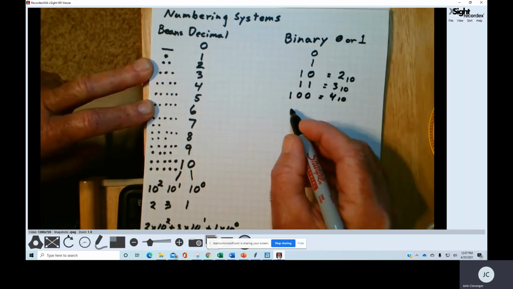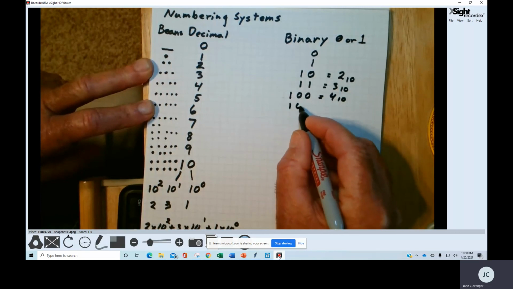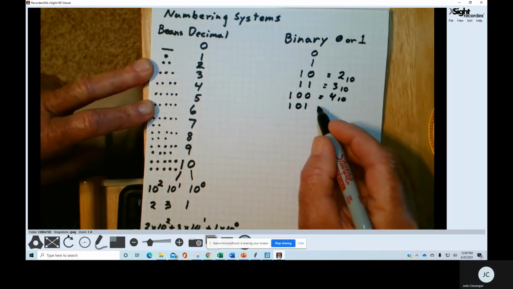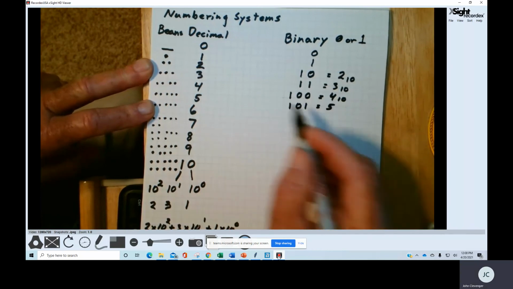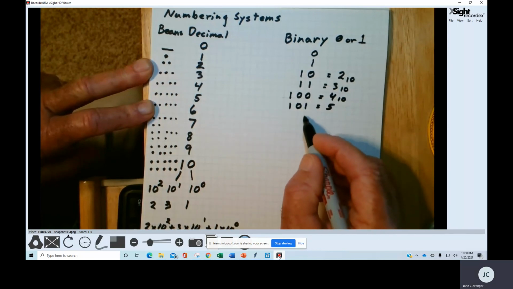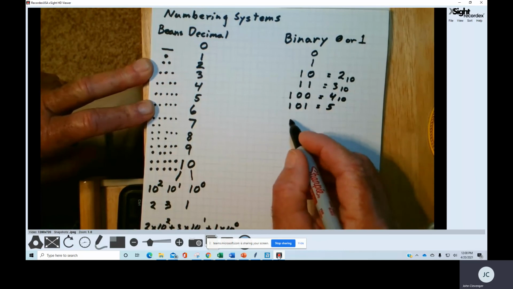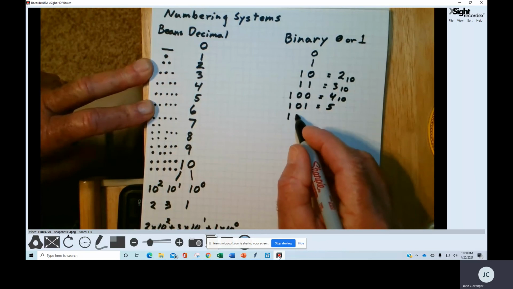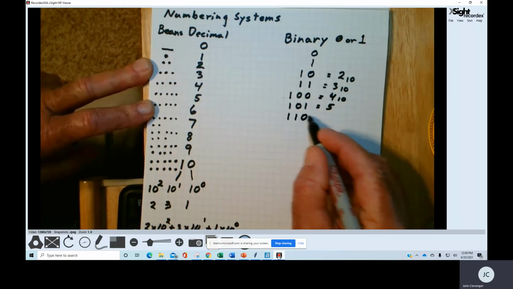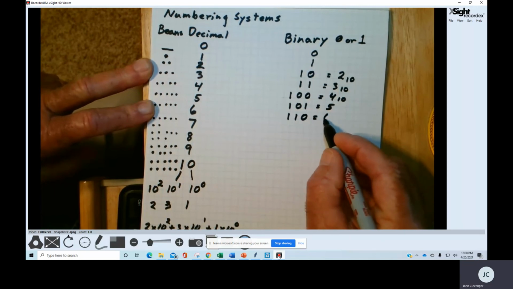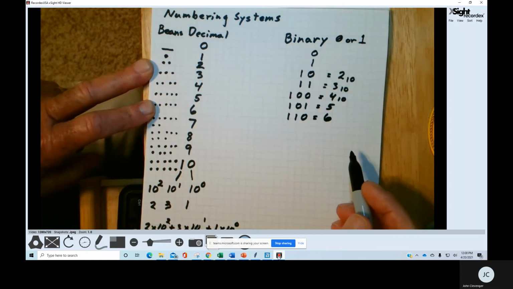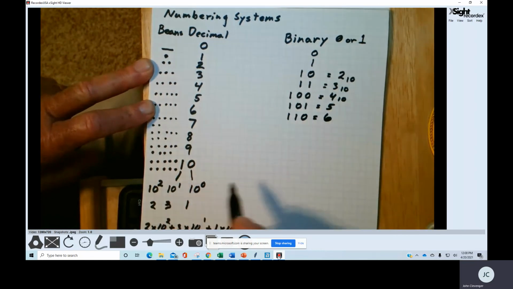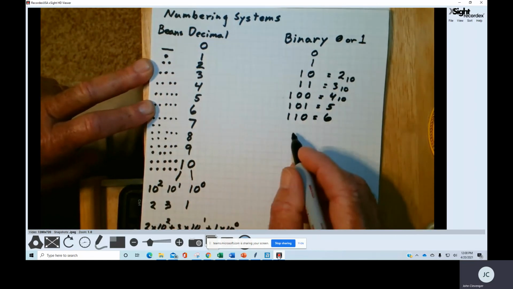If I add one more jelly bean, I can put a 1 over here. This would equal 5. And if I add one more, I can't put another symbol over here, so I have to put a 1 in the next column, which would equal a digital value of 6. And we can keep going all the way down here to 10.